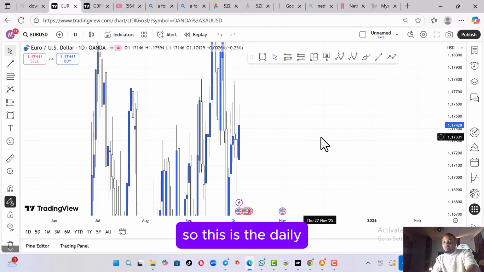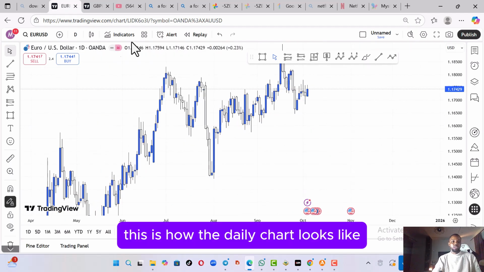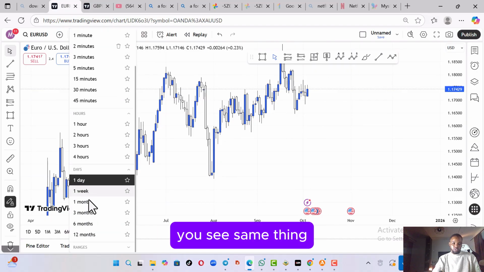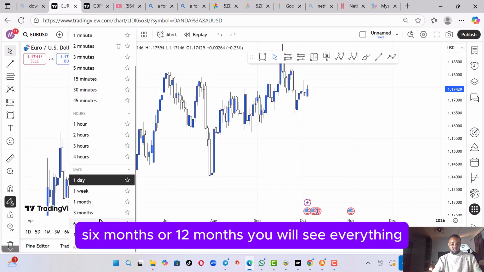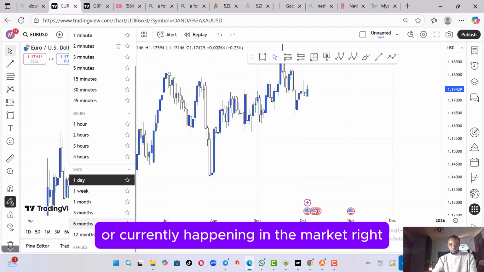This is how the daily chart looks like. If you go to the weekly, you see the same thing. Everything that has happened in the past 1 week, 1 month, 3 months, 6 months, or 12 months, you will see everything and what is currently happening in the market, right?